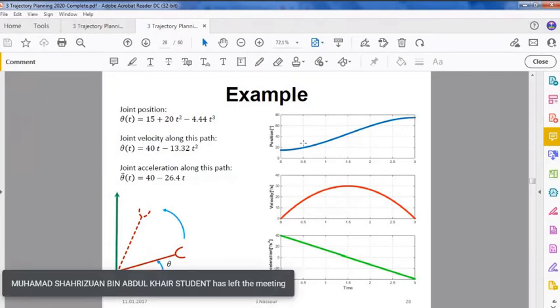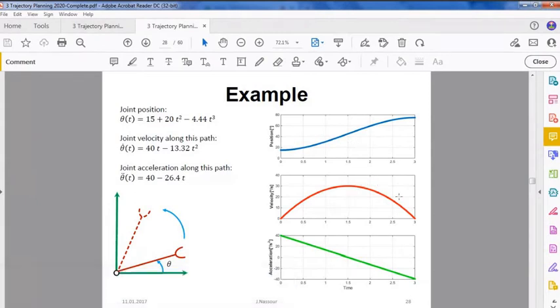By using trajectory, your velocity will be controlled, so you stop in a smooth manner. You do not stop drastically. So this is the function of trajectory planning.